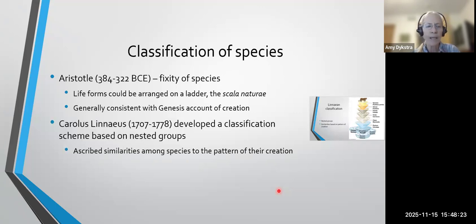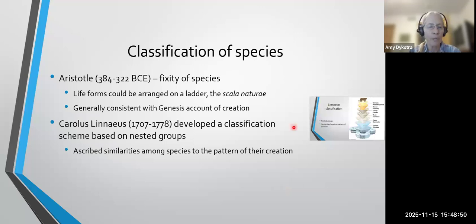And Carolus Linnaeus, you've probably heard of his name. He was an extremely influential taxonomist, and he developed a classification scheme based on that fixity of species and based on the idea of similarities in organisms. His scheme is based on nested groups.